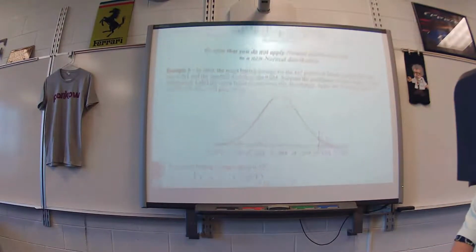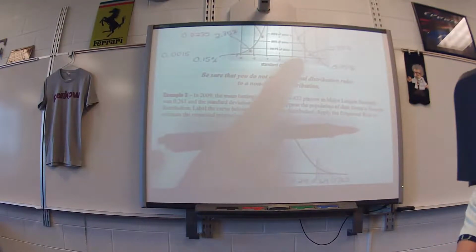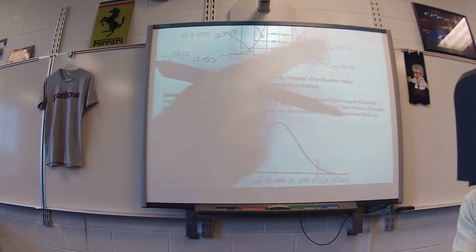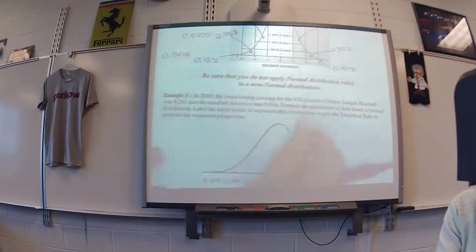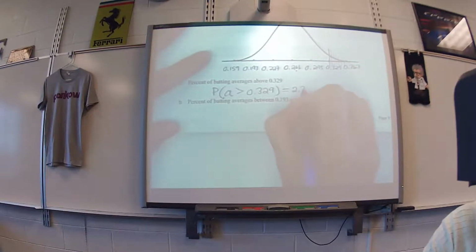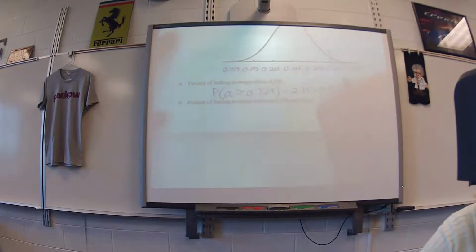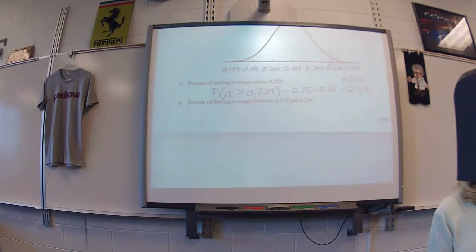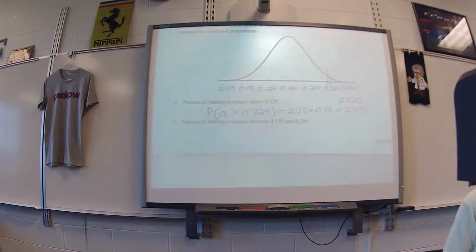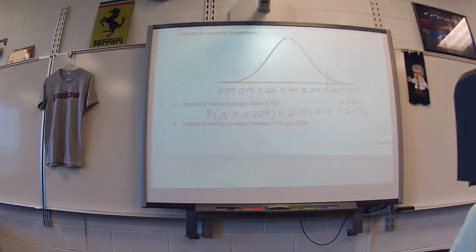So you would go back to your empirical rule and say, if I'm at 2 standard deviations, I need to go anything above that. I would have to take the 2.35 and the 0.15, those 2% get added together. So there's a 2.5% chance, 0.025 is your probability, that if you randomly picked a baseball player from the list of 432 players that year, you're going to pick somebody who batted higher than 329.